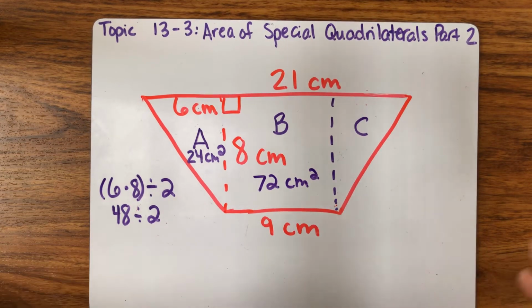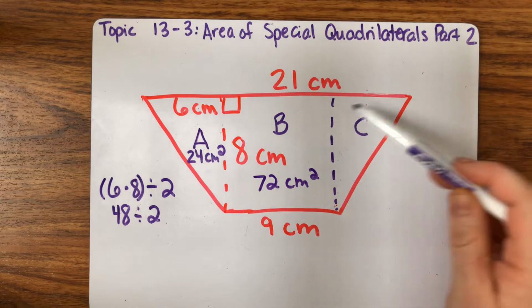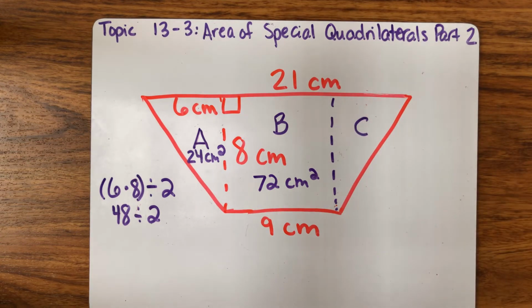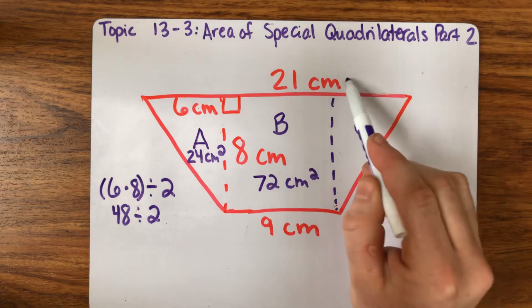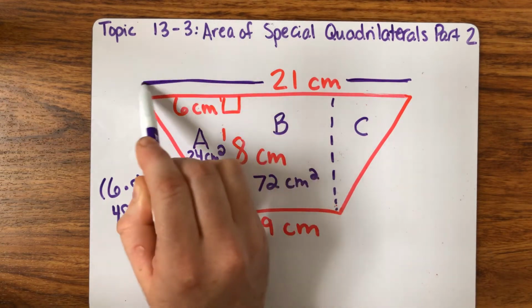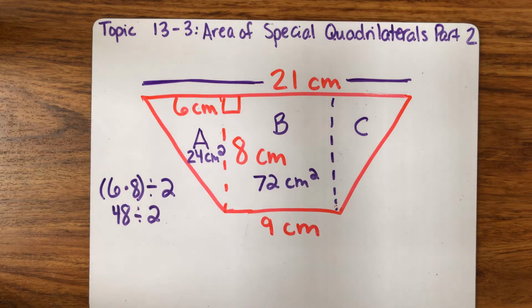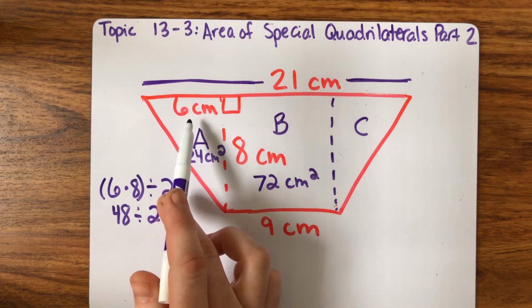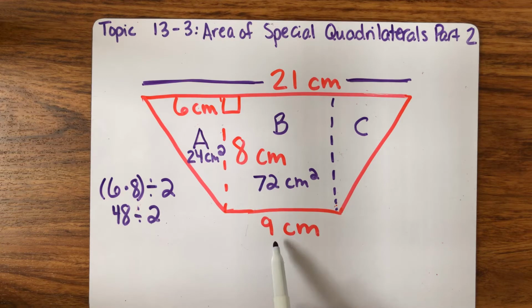But now we need to figure out triangle C, since I don't have any dimensions for it. I know this 21, they're telling me this whole entire length is 21. And then this little portion is 6, and this portion's 9.